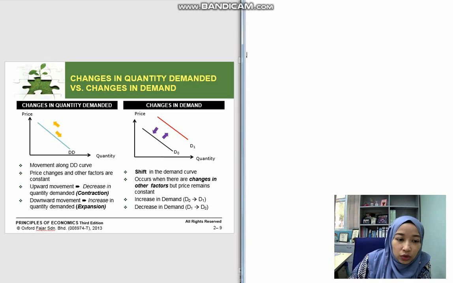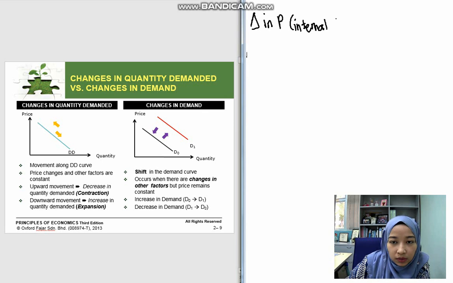Okay, so you have here, let's look at the change in quantity demanded first. Okay, let's say there is a change in price, which is internal factor. Okay, internal factor that can change demand. So what will happen to the demand curve?